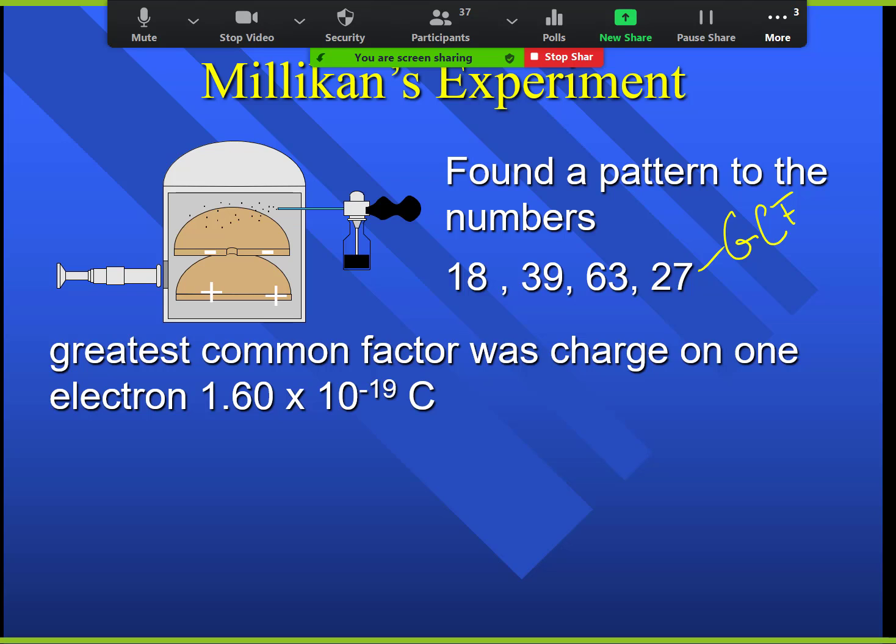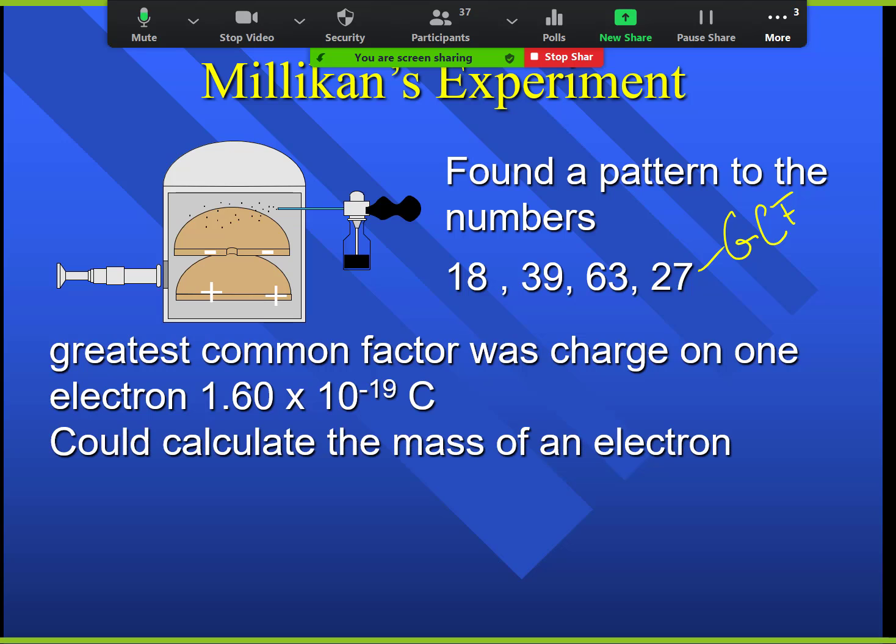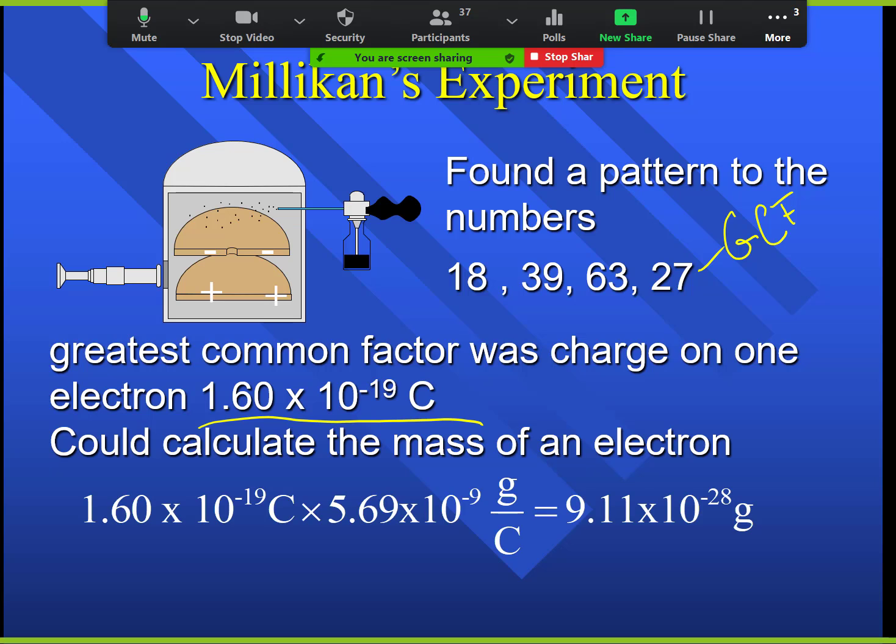And once he knew that, he could calculate the charge of 1 electron and calculate the mass of 1 electron. So this is the charge on 1 electron. But remember this number from earlier, the ratio? If I take this many coulombs and multiply it by 5.69 times 9 grams for every coulomb, I will find that I have 9.11 times 10 to the negative 28th grams.